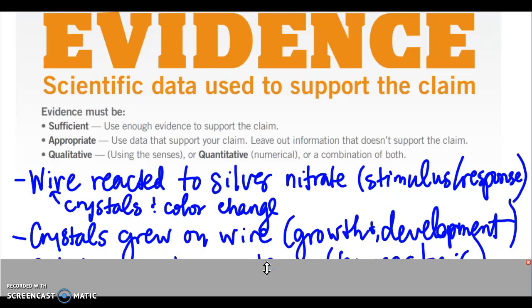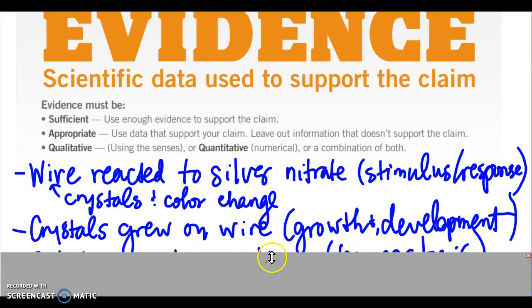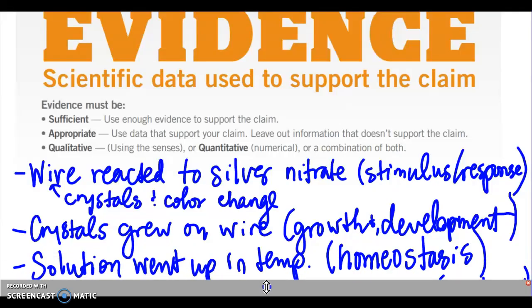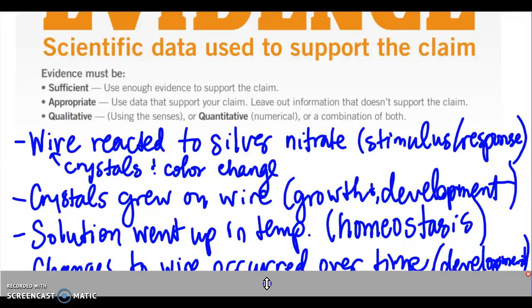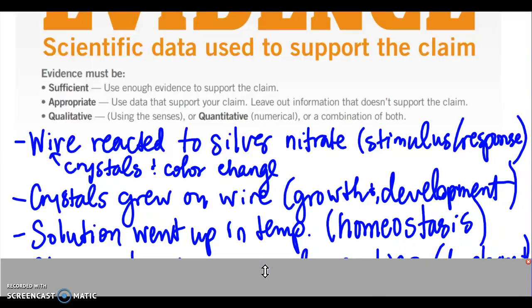The crystals grew on the wire, so that does show growth and development. If we go back and look at what happened with our crystals, they grew and changed over time. So again, that does support some growth and development. The solution slightly went up in temperature, but only slightly.